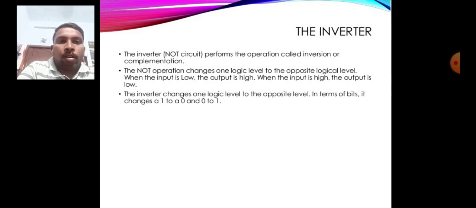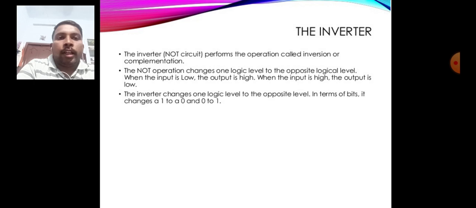The NOT operation changes one logic level to the opposite logic level. For example, when the input is low, the output is high, which is quite the opposite. When the input is high, the output is low.